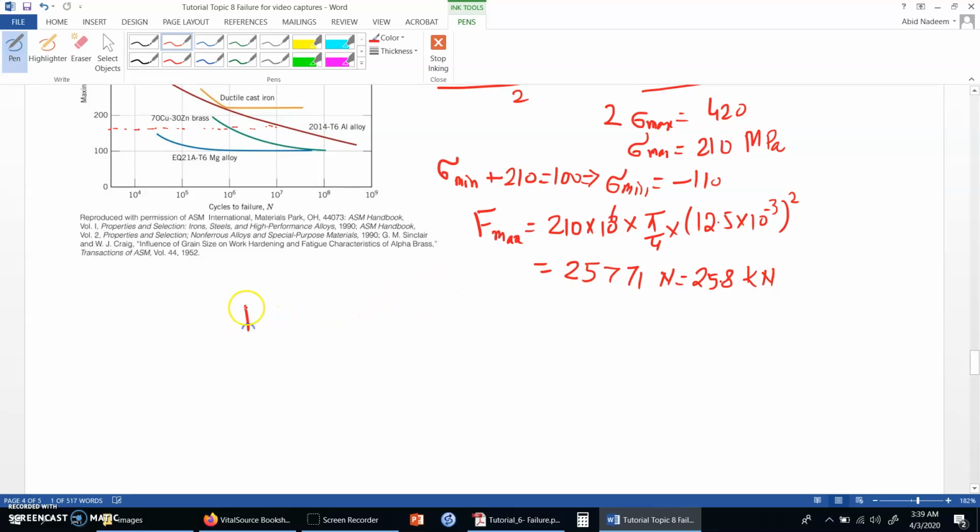And then the minimum force, basically it will be the compressive force. It will be equal to minus 110 times pi by 4 times 12.5 into 10 to the power minus 3 meter squared. So it will be minus 13,499 Newton.